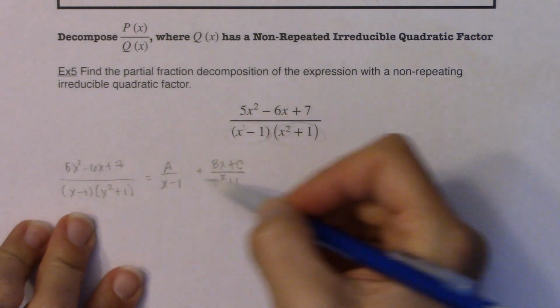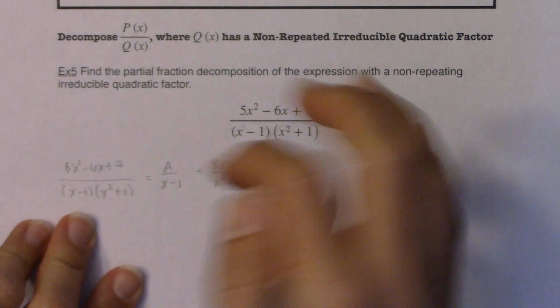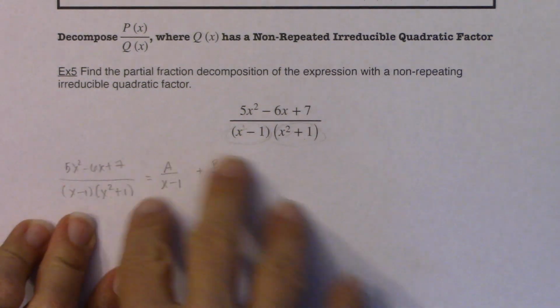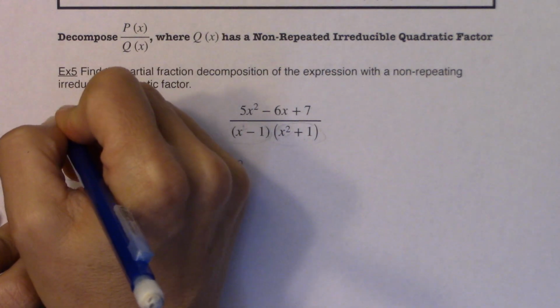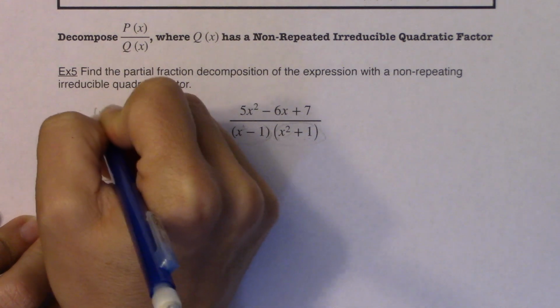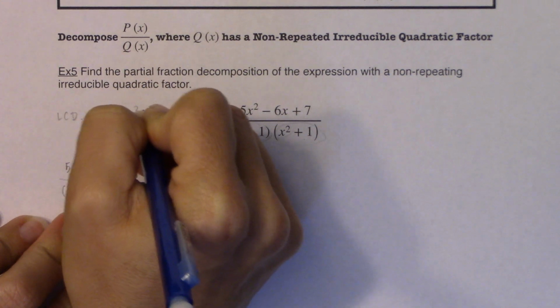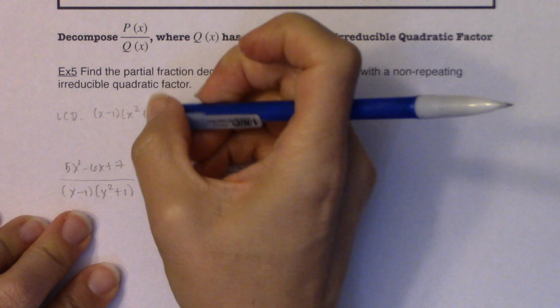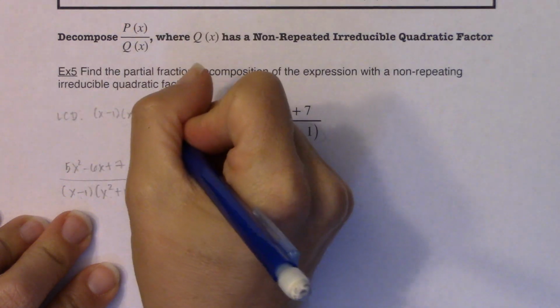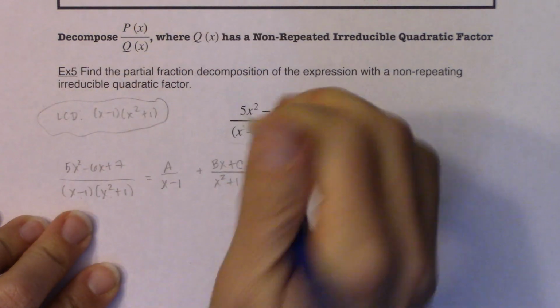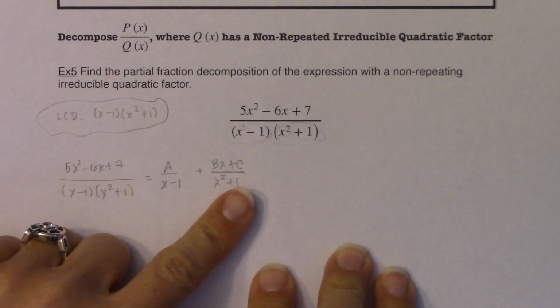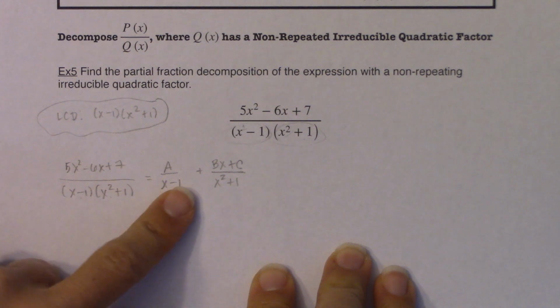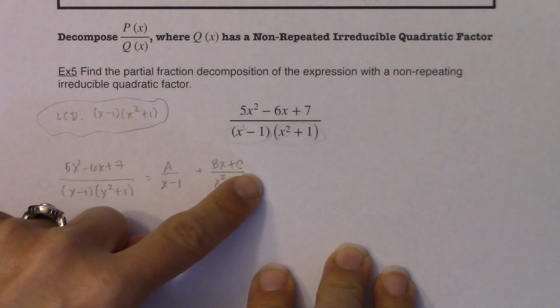Again, I have an equation now, and I've got fractions in it, and if I want to get rid of the fractions, I'm going to multiply everything by the LCD, and the LCD is x minus 1 times x squared plus 1. I'm going to take that LCD and multiply it to the left side of the equation and the right side of my equation, and when I multiply it to the right side, I'm going to distribute that to both terms.